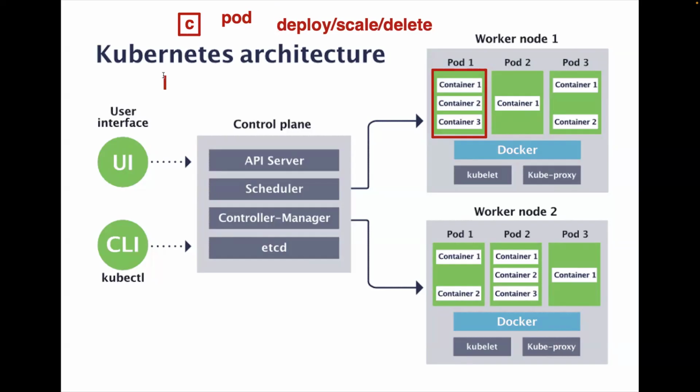And the general practice is one container per pod, right? You can also have multiple containers per pod. Let's suppose this is your pod, replica one. You can scale up, meaning another pod will be created with the same container in it. Right.